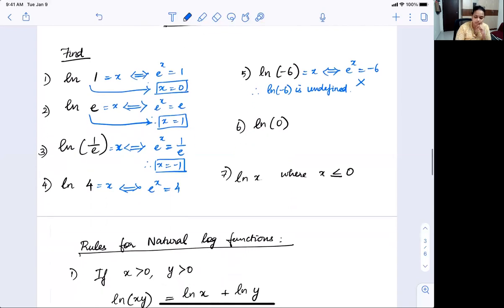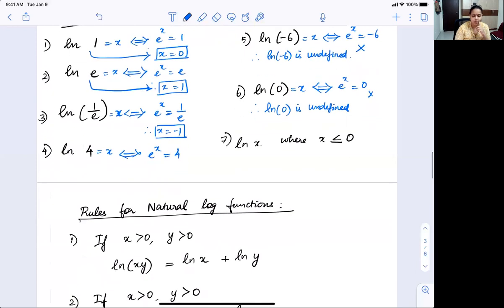Ln 0 is x becomes e power x equal to 0, which again, for the same reason, a positive number raised to any power is positive. It cannot be 0. Therefore, ln 0 is undefined.